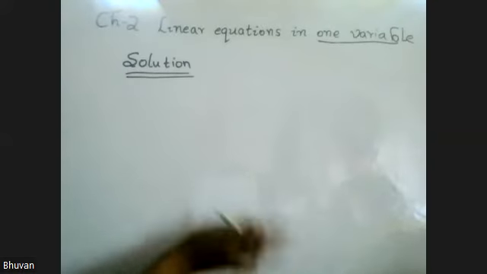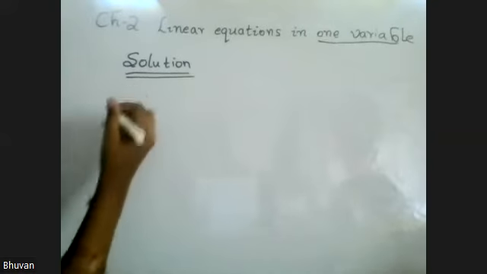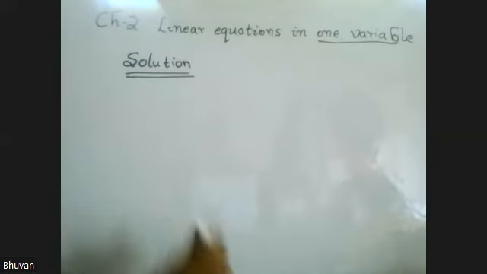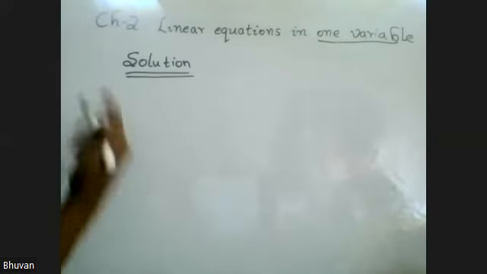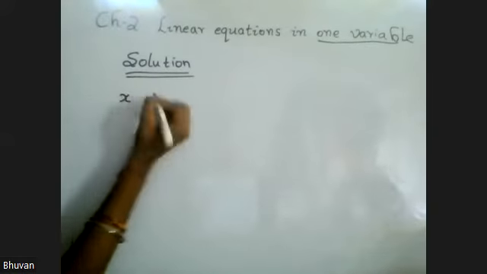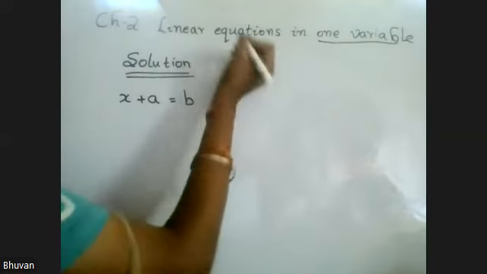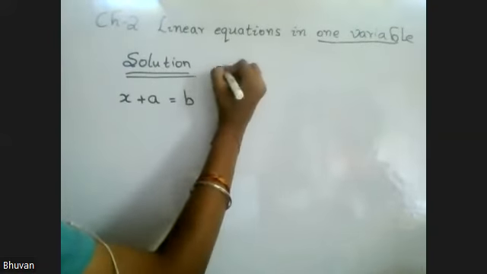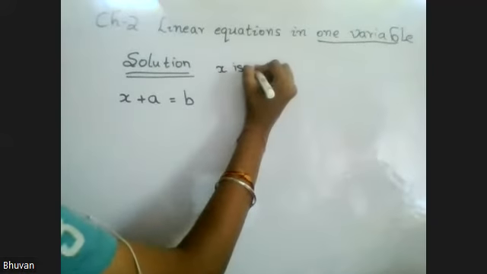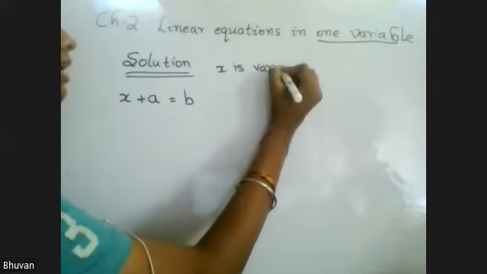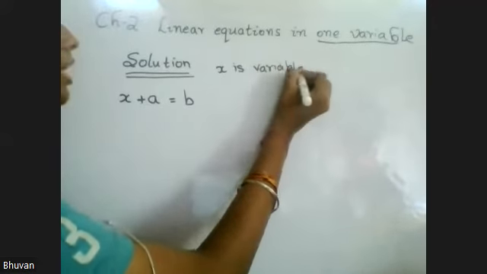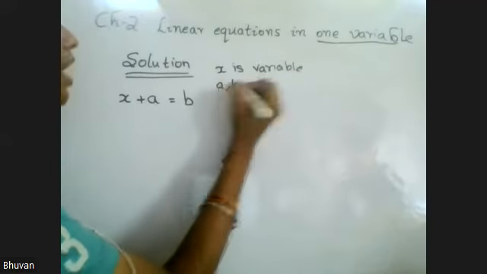Again, I'm repeating it. There are two methods of finding the solution. The first method is that we can add, subtract, multiply or divide by a number. There is no specific name for the method; I will just tell you how to apply it. For example, let x plus a is equal to b, where x is a variable, and a, b are constants.